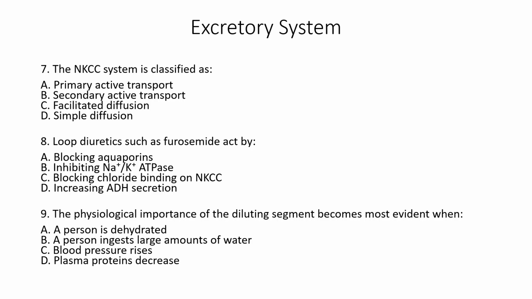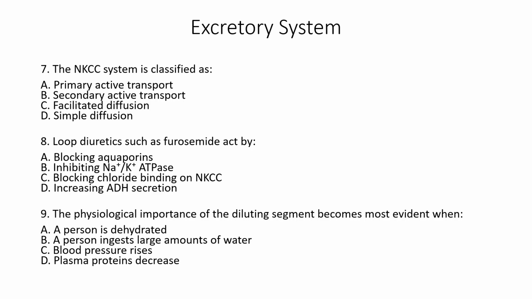So in this case, you will obviously have less water reabsorption taking place in the earlier segments, a reduced level of water reabsorption at the level of the proximal convoluted tubule and the descending limb. But the next segment is very critical because that's where you will make sure you don't lose salt, right?